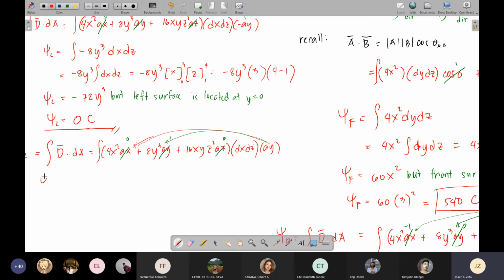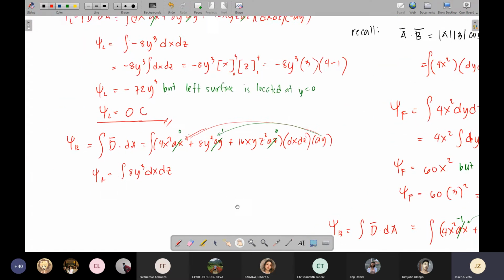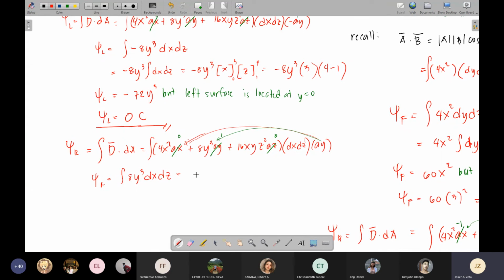Therefore, flux on the right would be equivalent to, okay, the same as before but positive, integral of 8y cubed dx dz. So for this one, we integrate directly. This becomes 8y cubed.